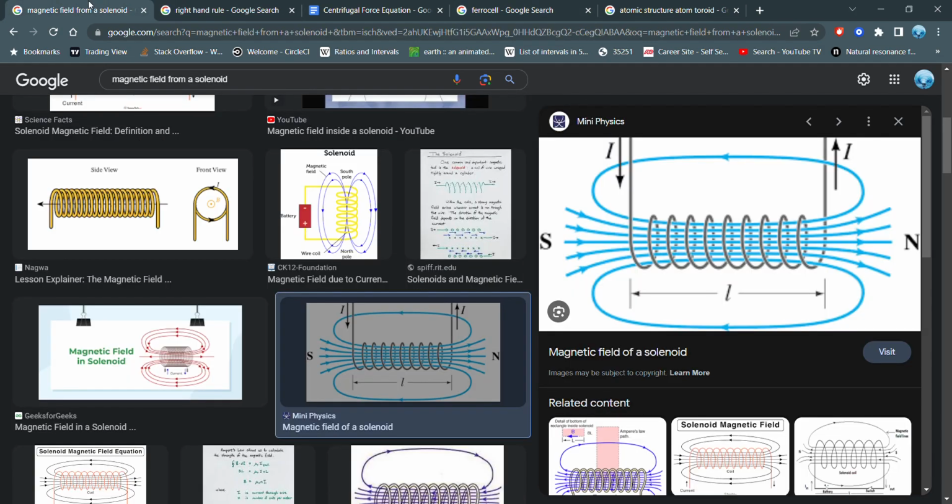What's more to know is that the input of current for a solenoid has nothing to do with the output of current. In other words, if I put a certain amount of watts in, I'll get a certain amount of watts out minus the resistance of the wire.